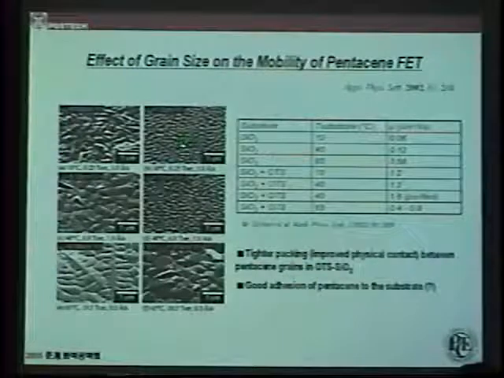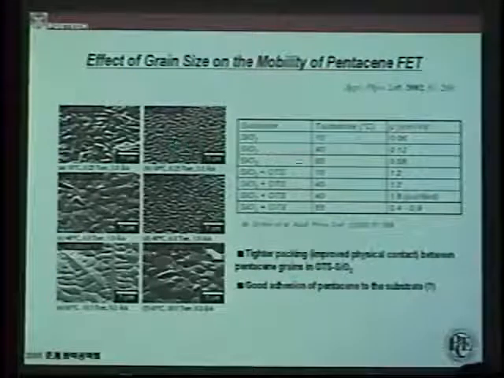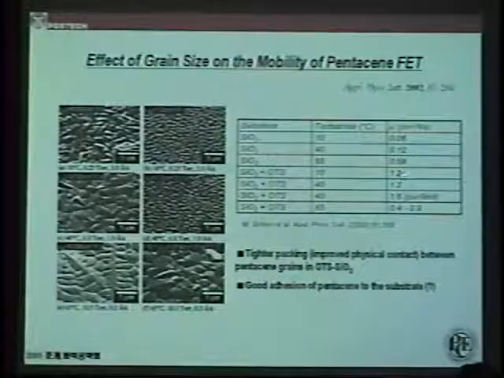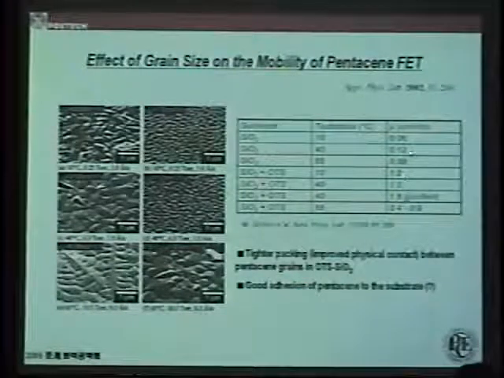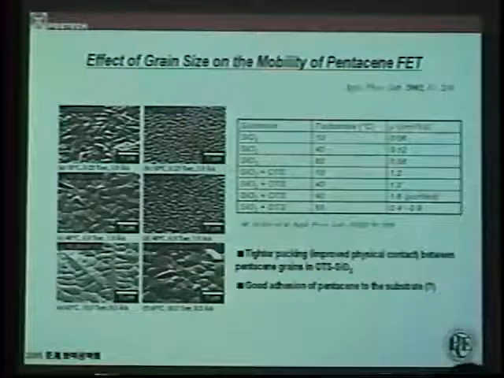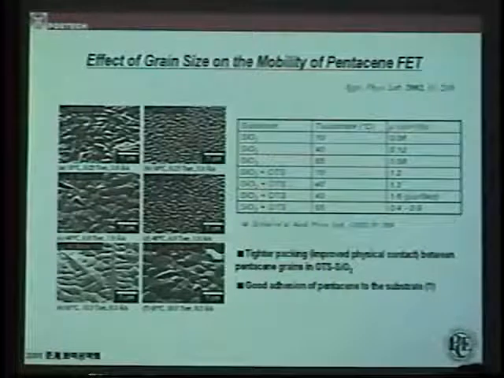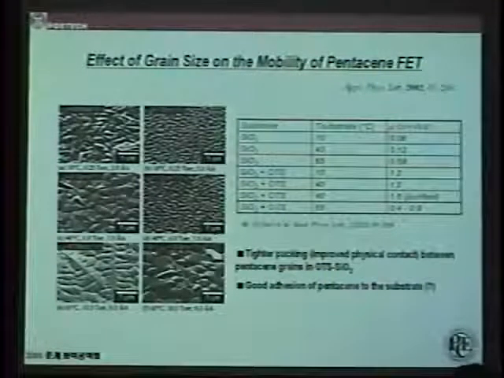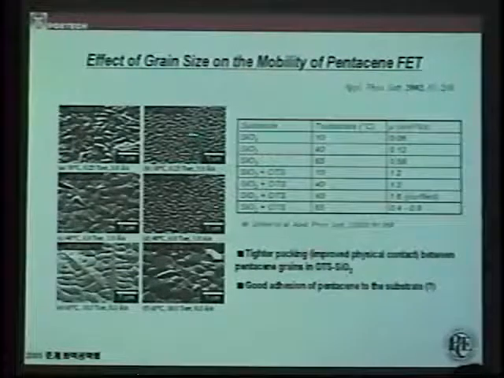In this case, even though we have a smaller grain size, compared with just SiO2 we have about 20 times and 10 times the mobility obtained. Which is very opposite to the previous result and the general concept of grain size. So in this study, we focus on the effect of grain size, and how, even though we have a small grain size, we can have improved mobility.